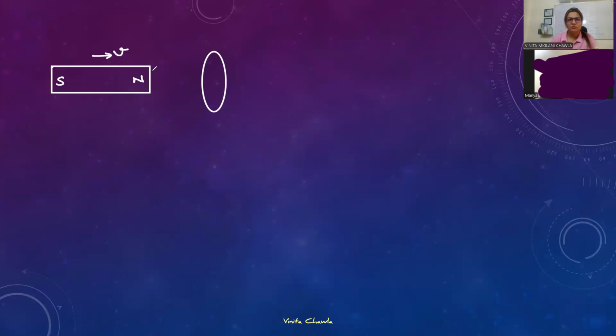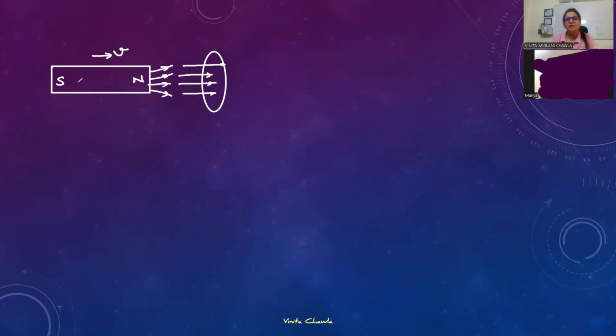So what is the direction of magnetic flux? See, magnetic field lines emerge from north and go into south. So the magnetic flux entering the coil is this. These lines of force will enter the coil, no? So the magnetic flux entering the coil is towards the right.